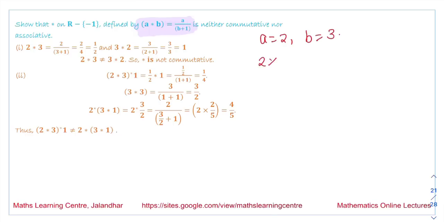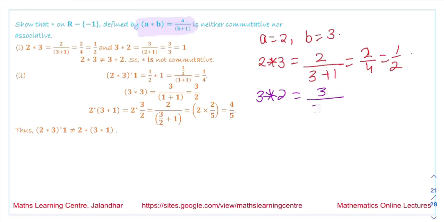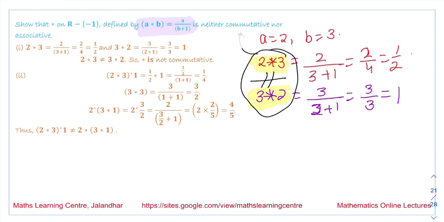So 2 star 3 is equal to 2 over 3 plus 1, that is 2 over 4, which is 1 by 2. Now if we calculate 3 star 2, we get 3 over 2 plus 1, so it is 3 over 3, which is equal to 1. Clearly both these values are not equal to each other. So this operation is not commutative.